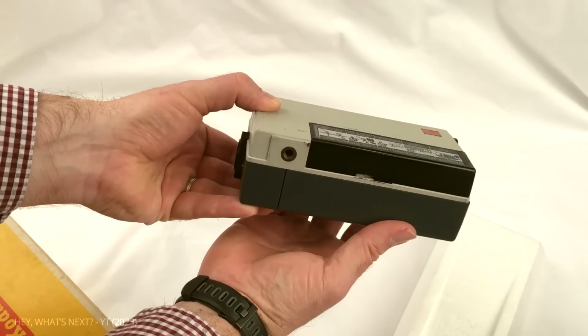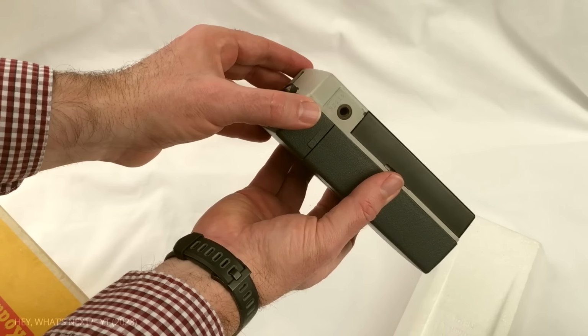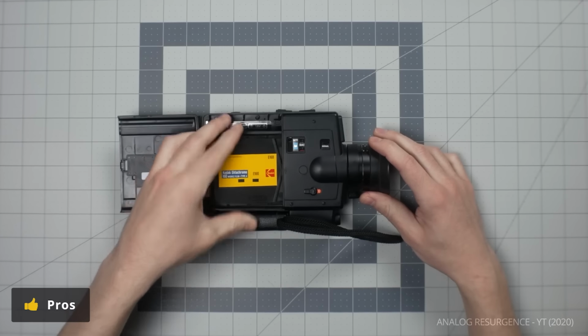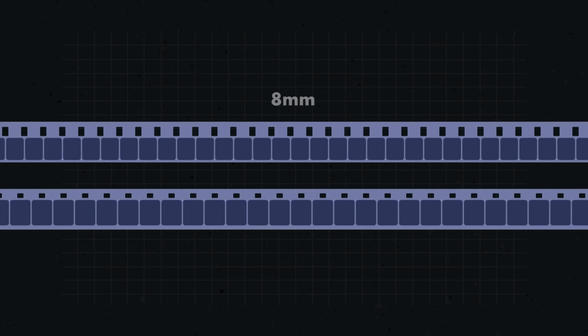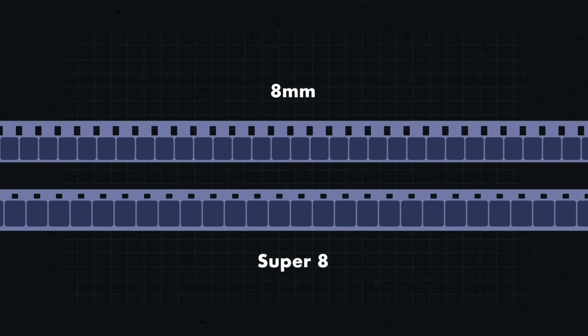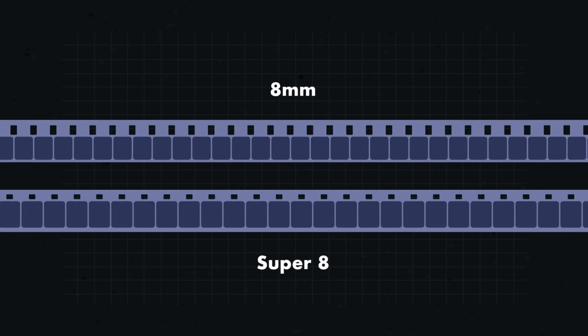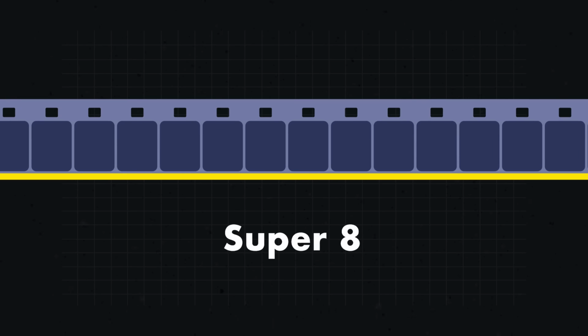In 1965, Kodak unveiled an upgrade to 8mm. The Super 8 format featured easier cartridge loading since it didn't require the threading of the reel. It also boasted a slightly larger frame size, improving image quality, and some models supported magnetic sound recording. This made Super 8 quickly supersede regular 8mm in popularity, but it's not without its drawbacks.